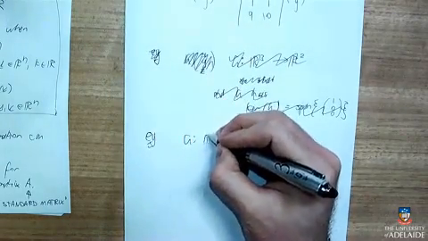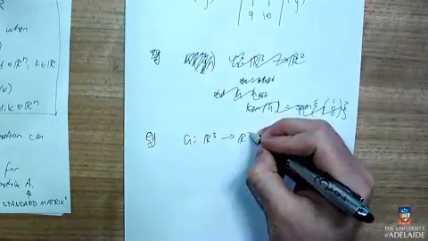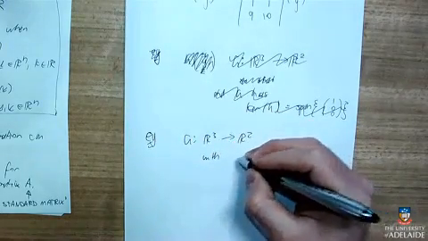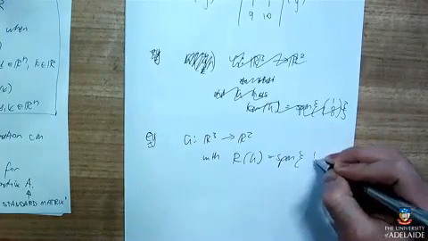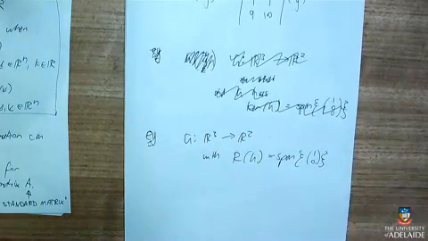All right, here we go. So G sends R3 to R2, with the range of G being the span of 1, 0, say.